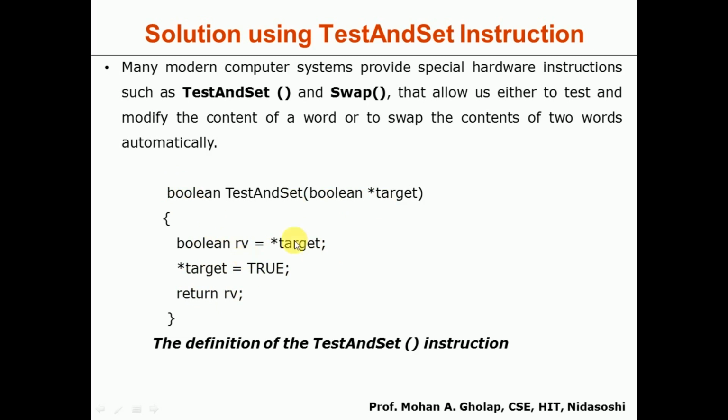Initially we take this star target, which is the target process, as rv. After that we make star target equal to true, and then we return the modified value rv, which indicates whether the target process is allowed to execute in the critical section.